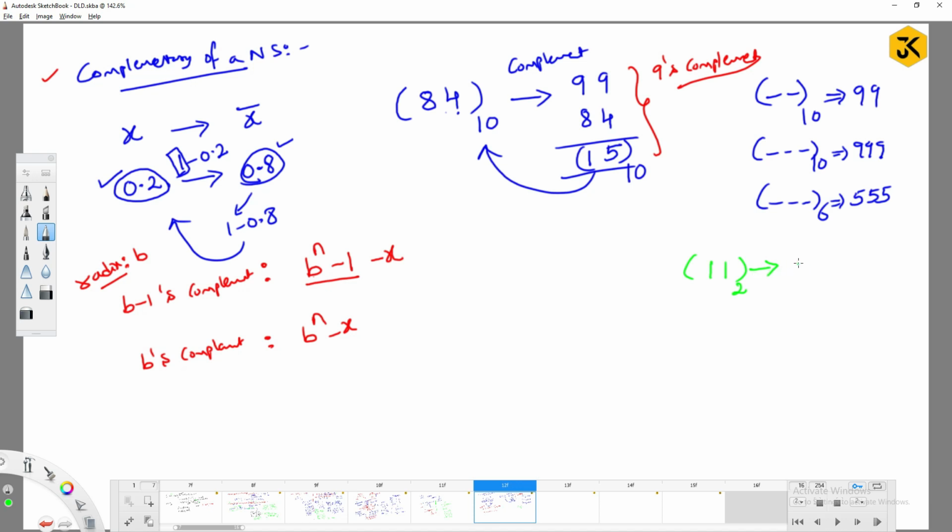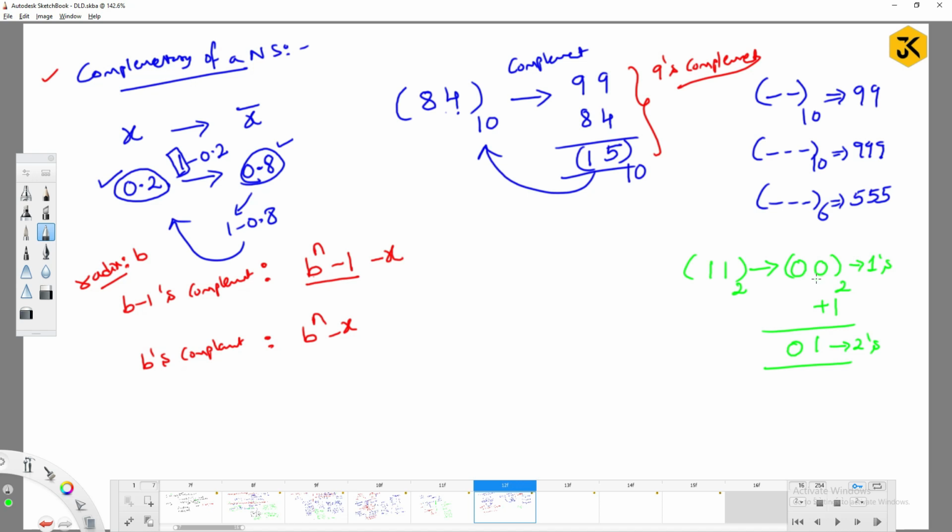How do we get the 2's complement? By simply adding 1 to the 1's complement. So 0 1 is the 2's complement. Do you know this logic or not?